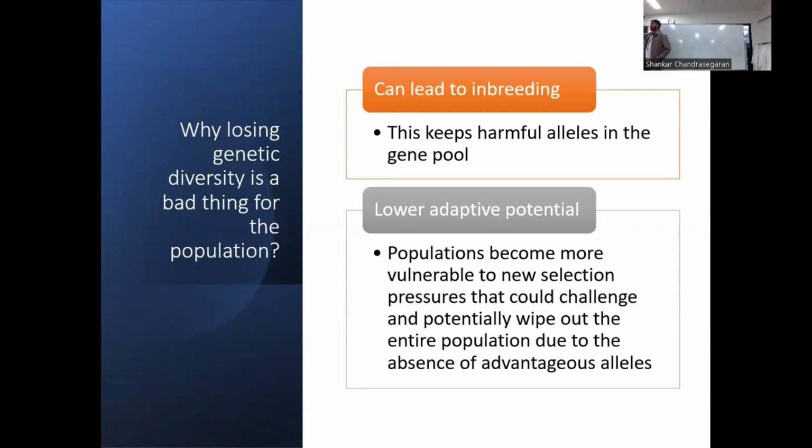And that's why inbreeding is considered a bad thing, because when you inbreed between the same families or populations, you are going to be passing down harmful alleles within that population. And those harmful alleles can sometimes give a phenotype that can have a dangerous effect on the organism. So let me show you an example of that.